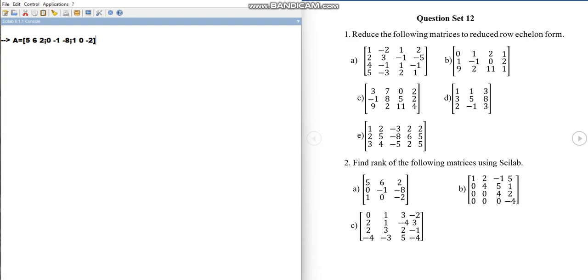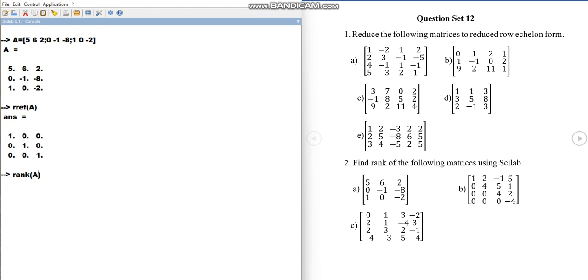So this is the matrix A, and let us find RREF. We are not asked to find the reduced row echelon form, but we are just verifying the number of pivot positions and the rank, which is the dimension of the column space of the matrix. The reduced row echelon form of A is this. That means 3 pivot positions are there.